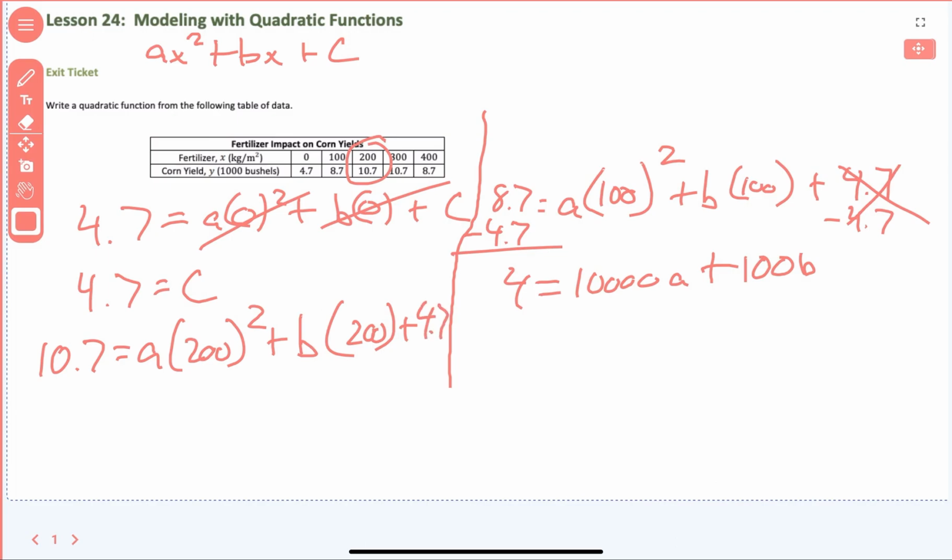C is 4.7, so we plug that in there. Now let's solve. Subtract 4.7, subtract 4.7. 6 equals A times 200 squared, which is 40,000 A, plus 200 B.